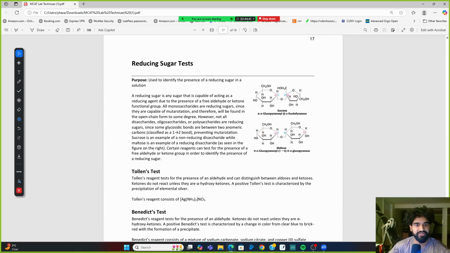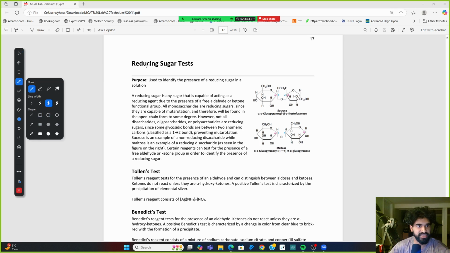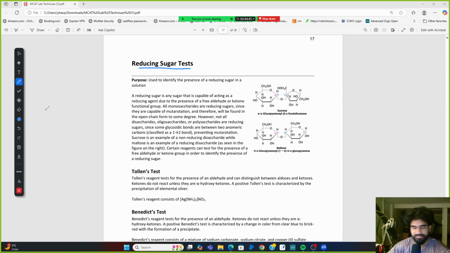Oh, my favorite tests. Reducing sugar tests. I have a sugar. What is this carbon called?